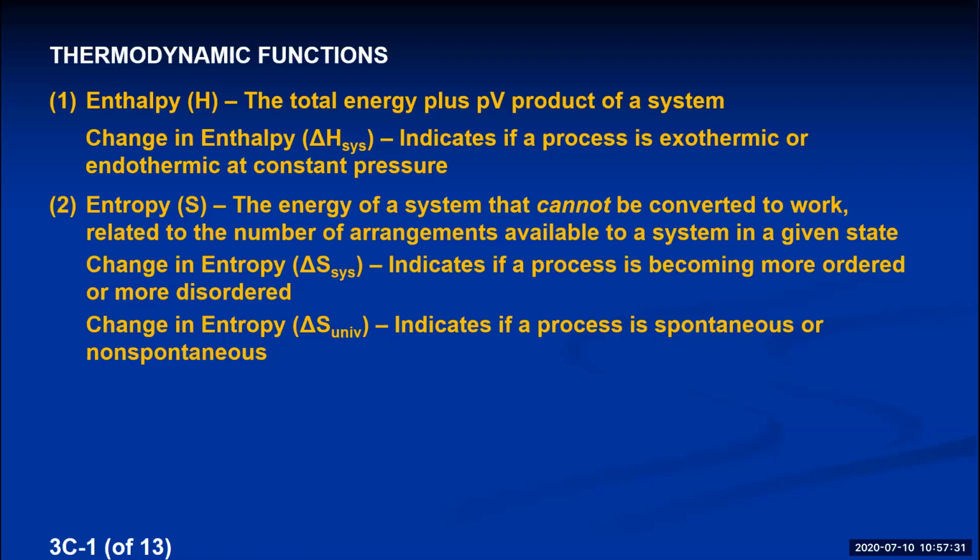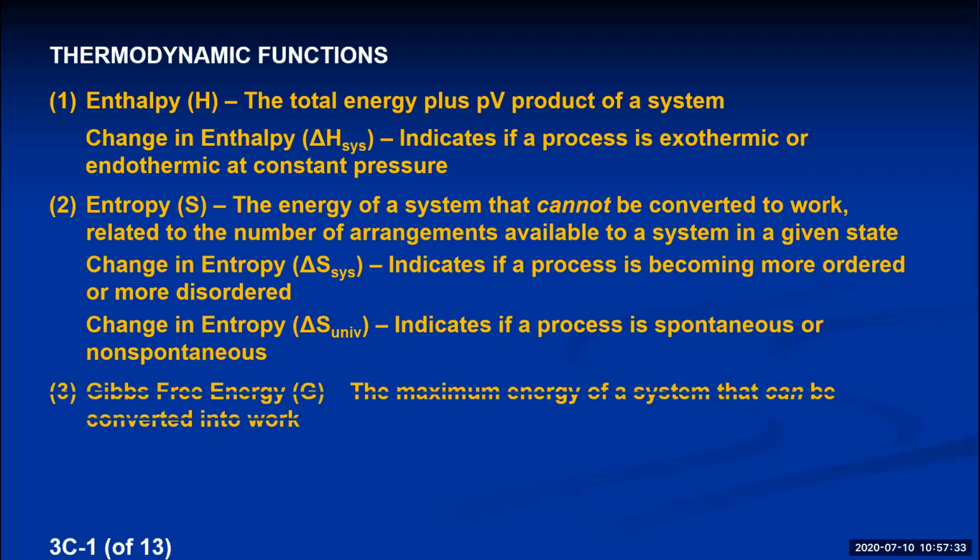There's another way, and that has to do with the third thermodynamic function that we've studied, called the Gibbs free energy, abbreviated by the letter G. This is the maximum amount of energy of a system or a chemical that can be converted into work. And while we do not measure the actual Gibbs free energy of any chemical, we do measure the change in Gibbs free energy for a chemical reaction.